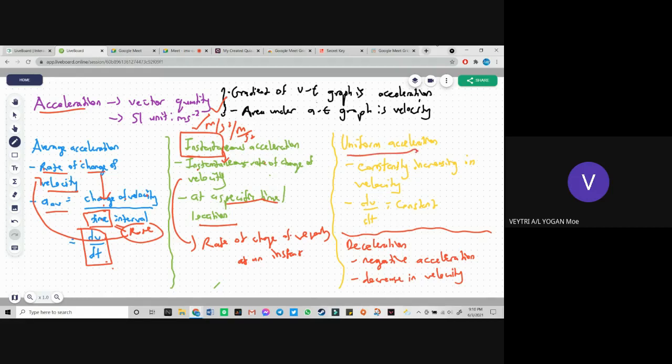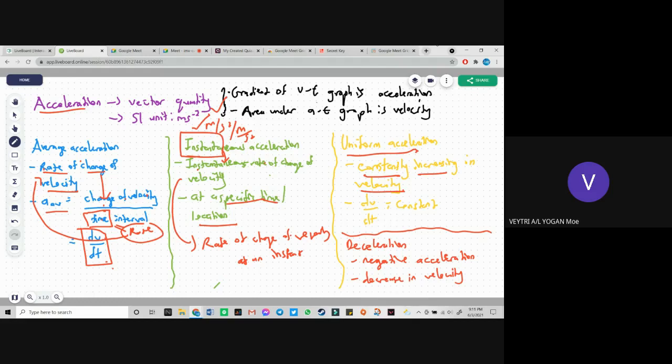Now, uniform acceleration. Just now we had uniform velocity, right? Now uniform acceleration. Why is the acceleration uniform? Because velocity is constantly increasing. Remember, if velocity is constant but not increasing, there is no acceleration. But if velocity is constantly increasing, then there is acceleration. What type of acceleration? Uniform acceleration. Okay, please remember that.